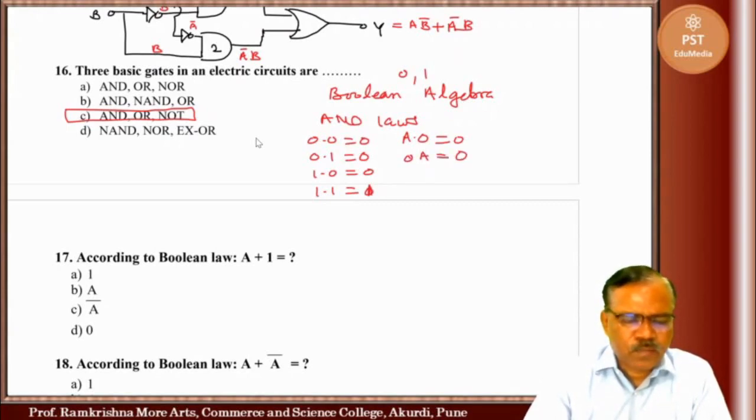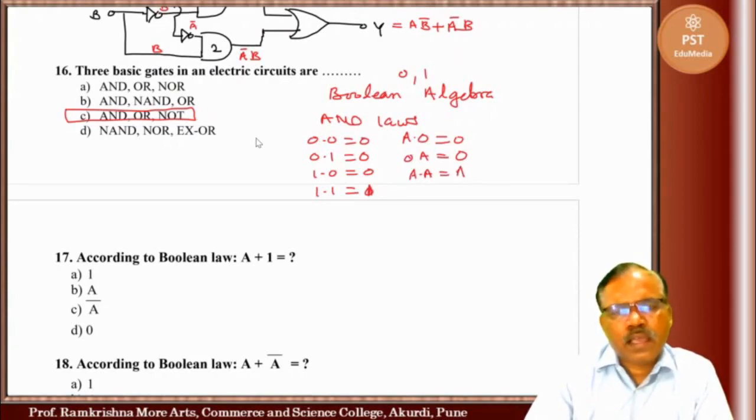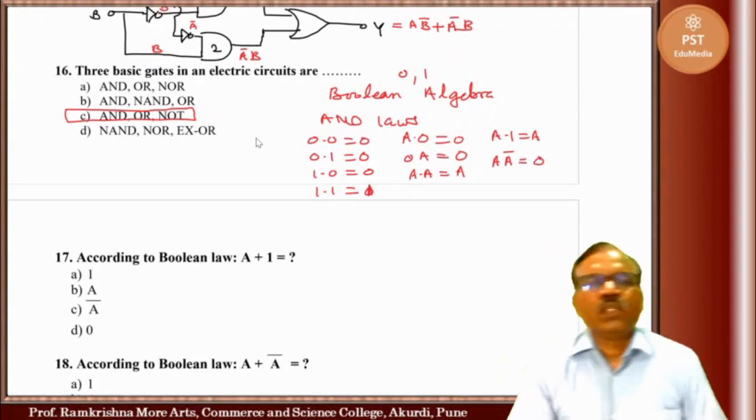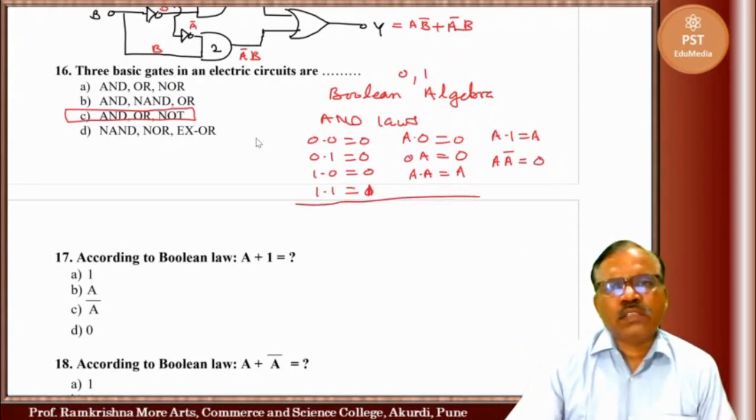Then A dot A is equal to A. A dot 1 is equal to A, and if we take A into its complement, it is 0. So these are some laws.